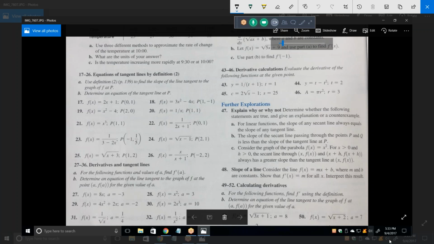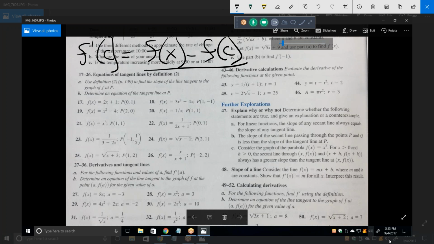The other definition for the first derivative is f prime of c, in other words the slope at point c, is the limit of f of x minus f of c all over x minus c as x goes to c. Is that it? Yeah, exactly.